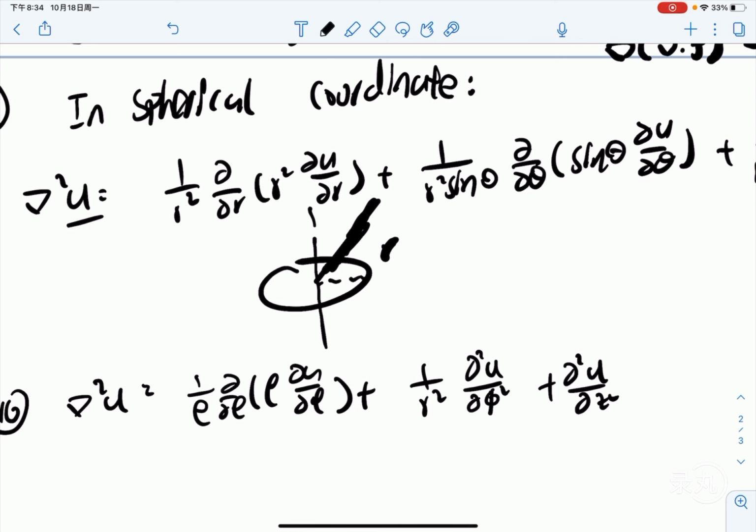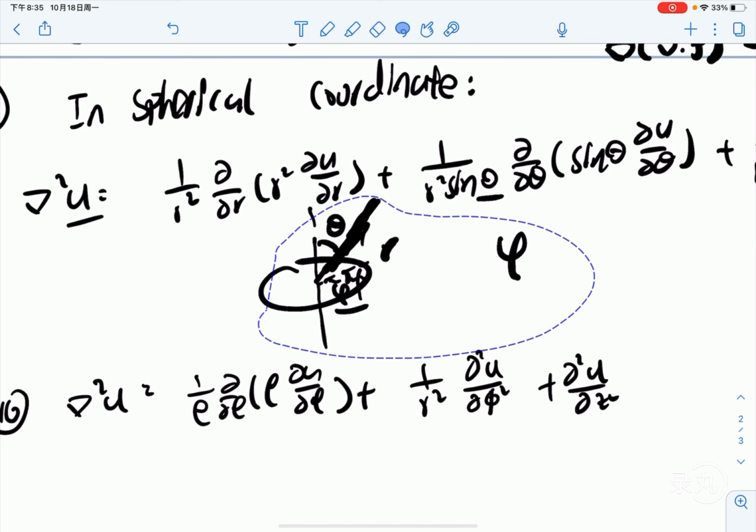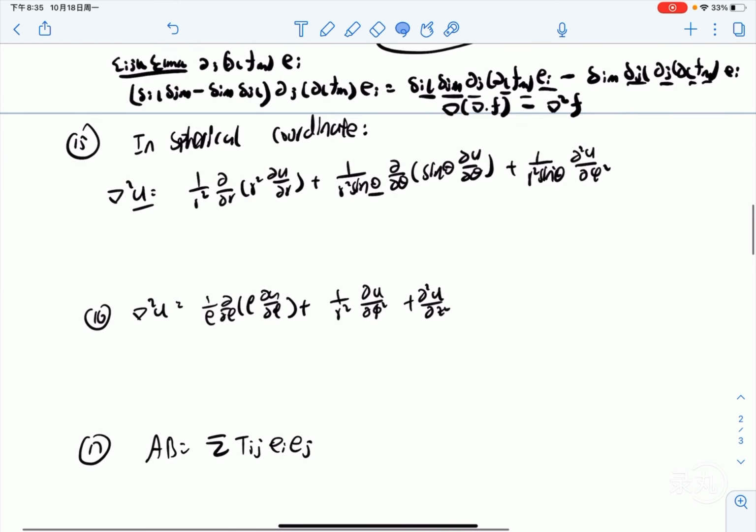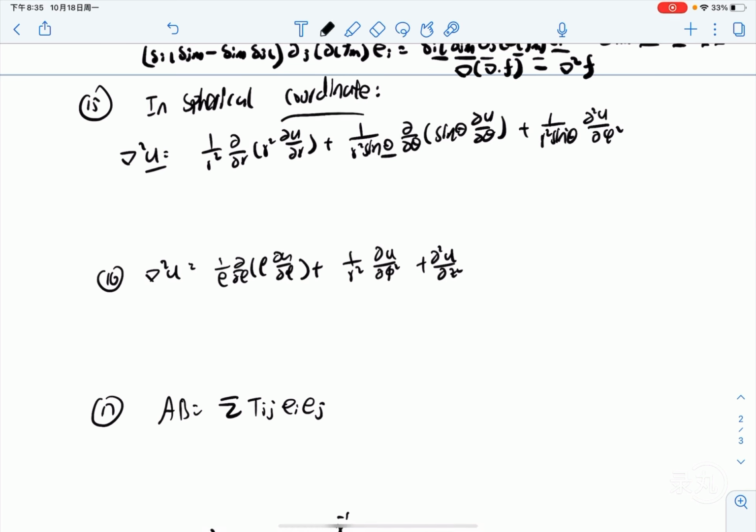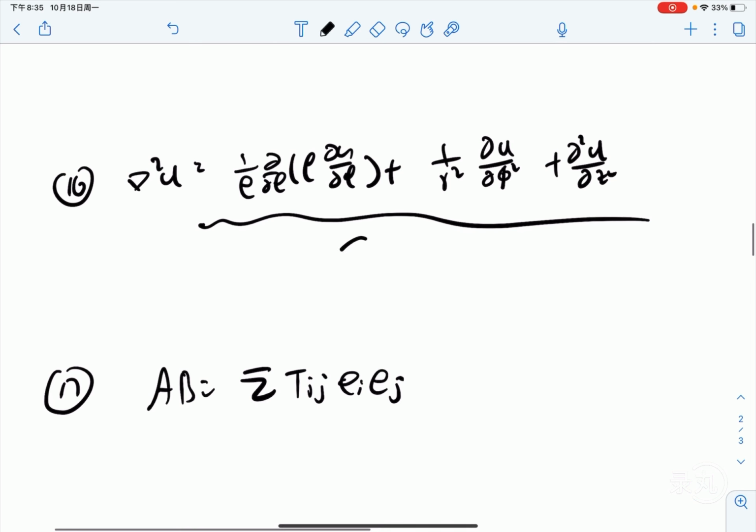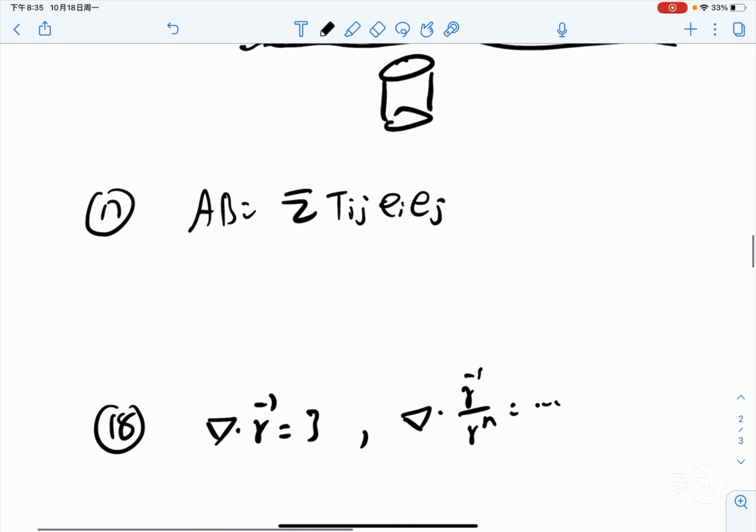And theta is just measuring of this. And like this phi is measuring the angle of the projection of this. And for the spherical coordinate, and like this one's for cone, basically this is equal to this.